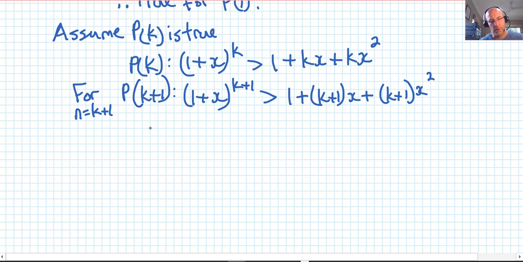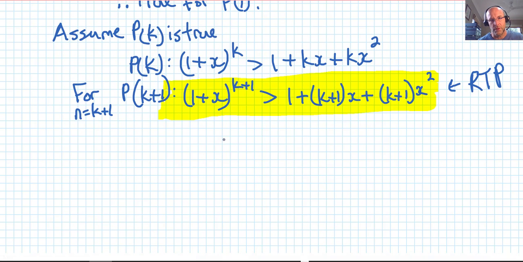So we're required to prove that. Don't lose sight of that, that's really important. I'm going to call this statement 1, and this statement 2, in case I want to refer back to them.